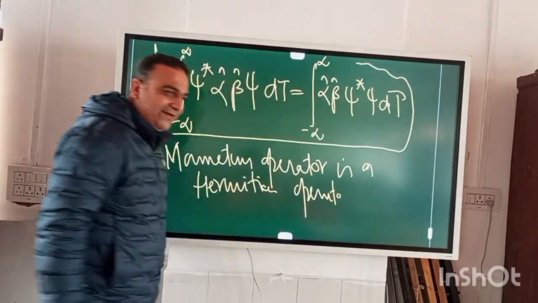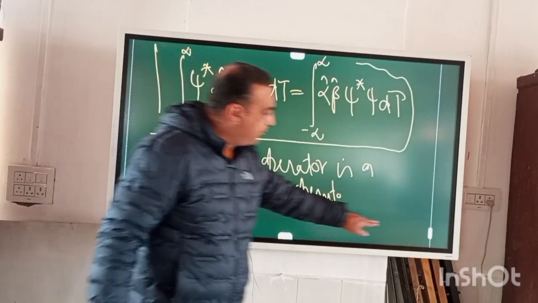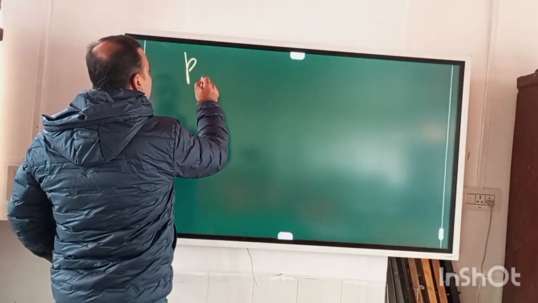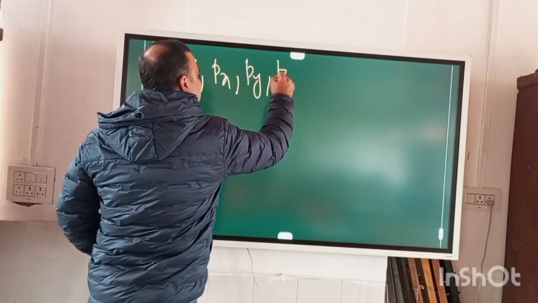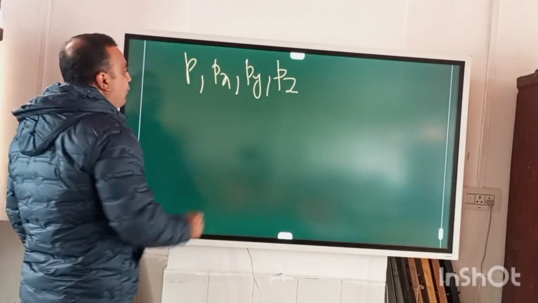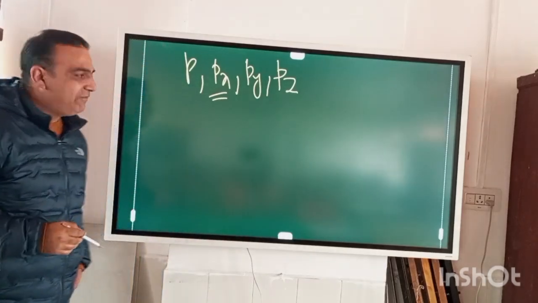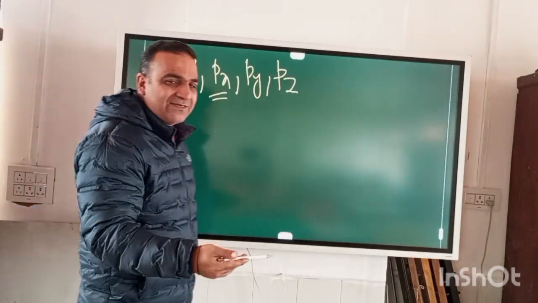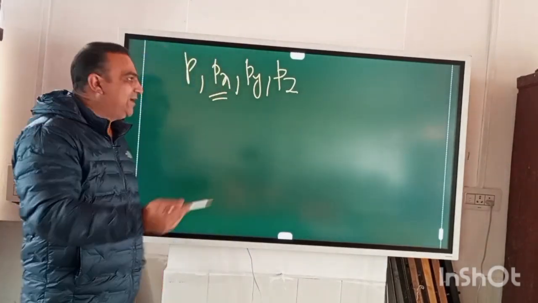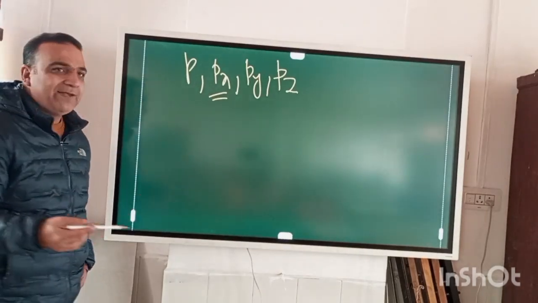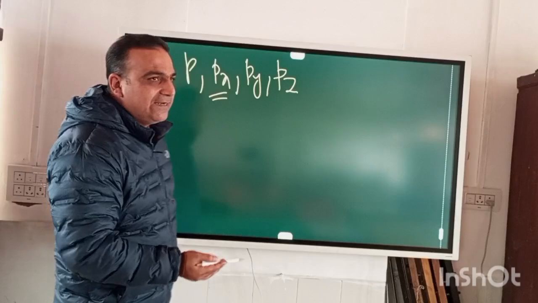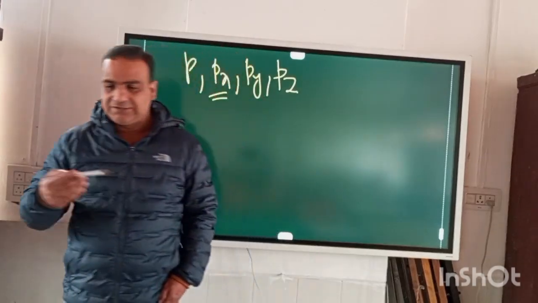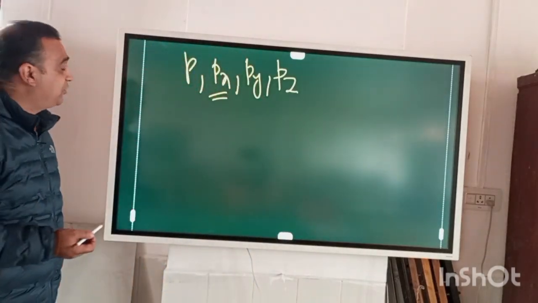Now we know that momentum is a vector quantity, and if momentum is a vector quantity, it has components like px, py and pz. So we can take px. If I prove that px is a Hermitian operator, then automatically you can prove that py and pz are also Hermitian operators, and you can generalize the situation that the momentum operator is a Hermitian operator.